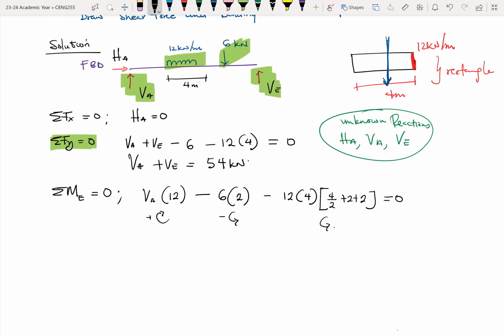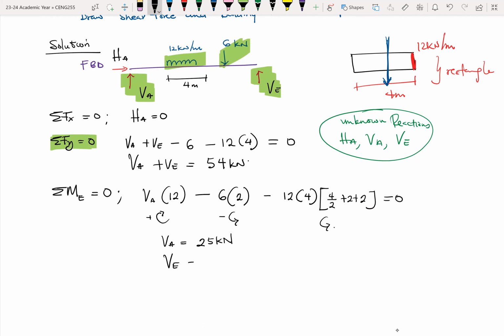From here, you can do your computations, do your change of subject, do all of that. And then you'll see that your VA will be equal to 25 kilonewtons. And with VA as 25, we can go back into the vertical equation, substitute VA into that equation, and then find VE.